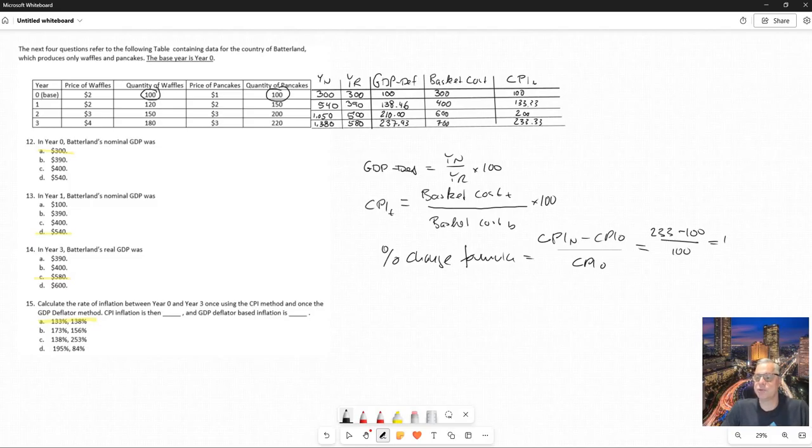You see this would be 1.33, and if you multiply times 100, we get 133. And of course, we could do the same thing for the GDP deflator. It would be the same logic. Okay, so that looks complete. In the next video, we'll do a similar exercise, but it involves a little bit of growth as well. But let's just stop here.